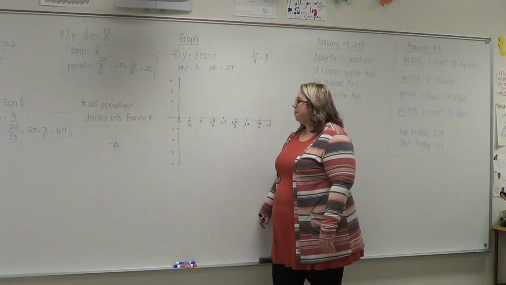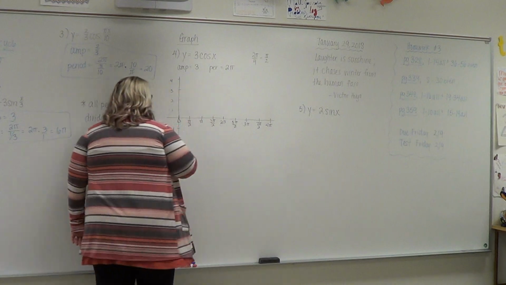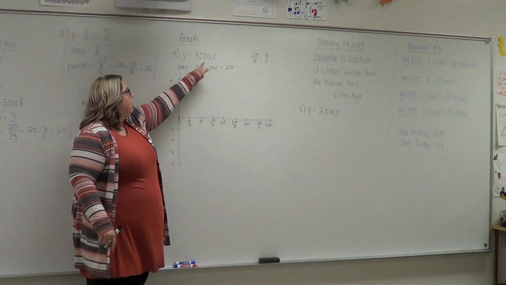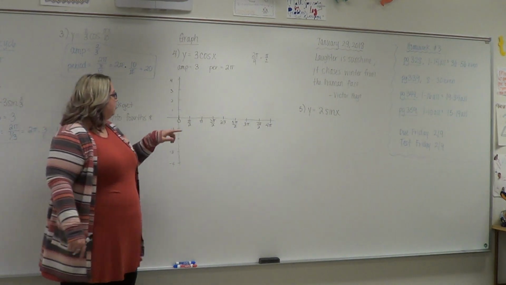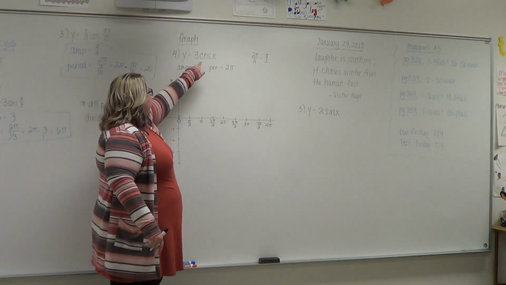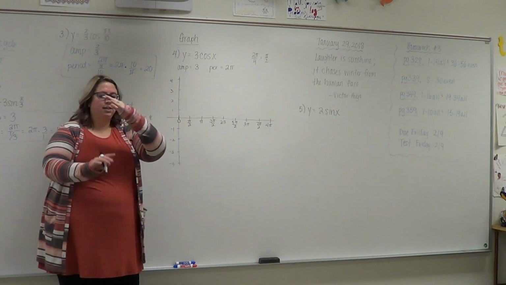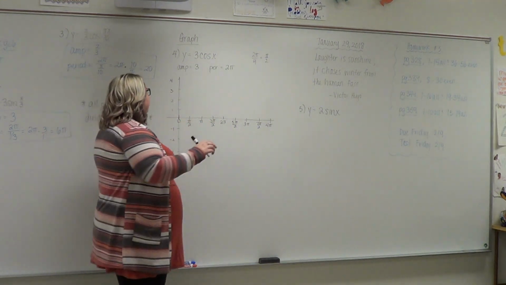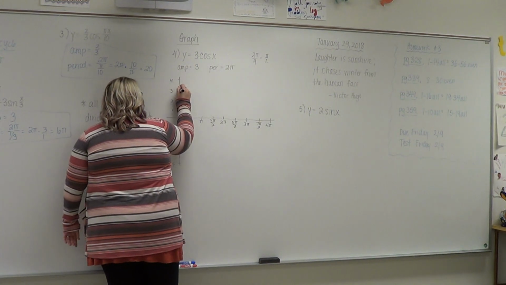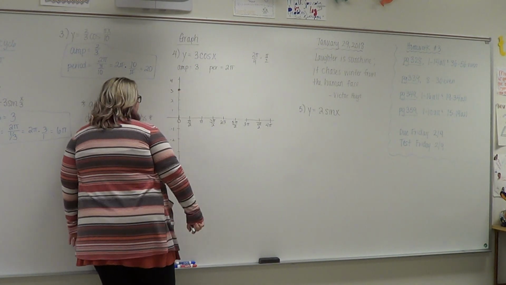Okay? So if I plug in 0, and I'm dealing with cosine, what letter goes with cosine, x or y? X, okay? So if I have 0, cosine of 0, this is my unit circle, I'm looking over here. Cosine of 0 is 1. 1 times 3 is 3.